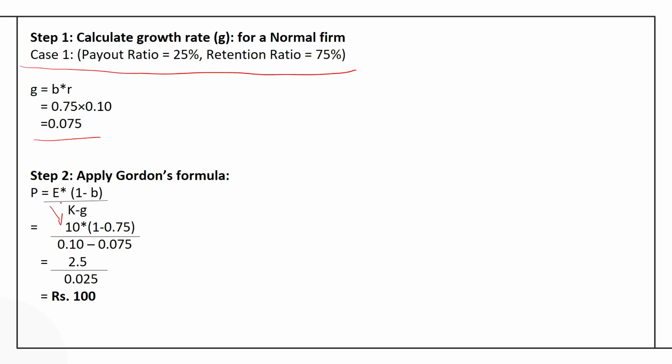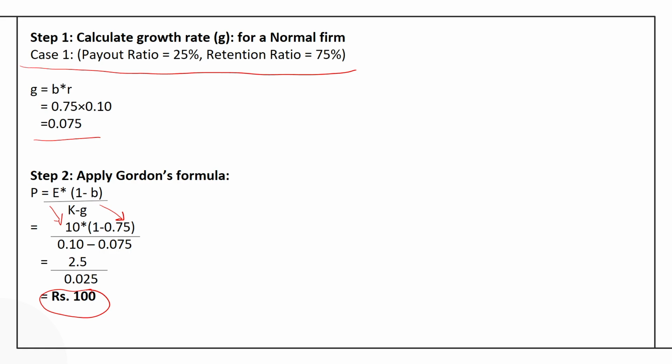Now, the second step is to apply the same value into our formula. The earning remains constant, which is 10%, and for a normal firm, if we choose to retain 75% of the total earning, we can see the value of the share is rupees 100.